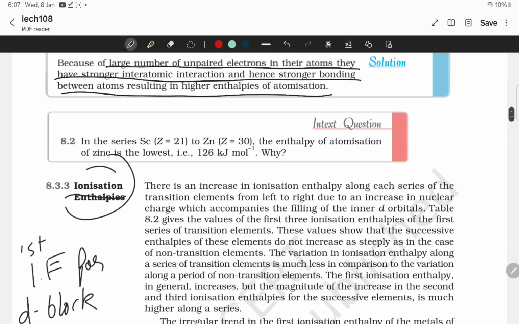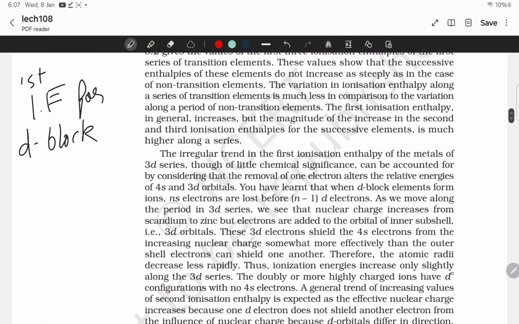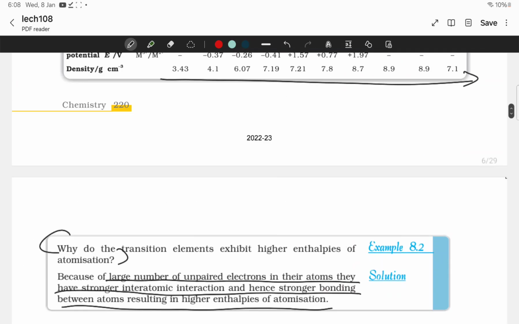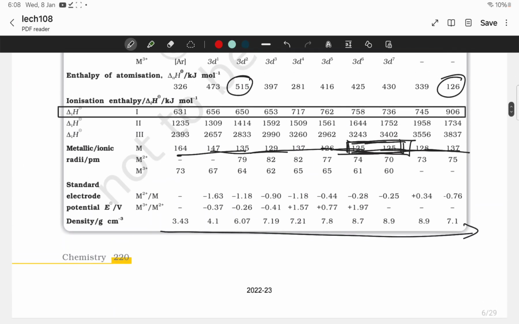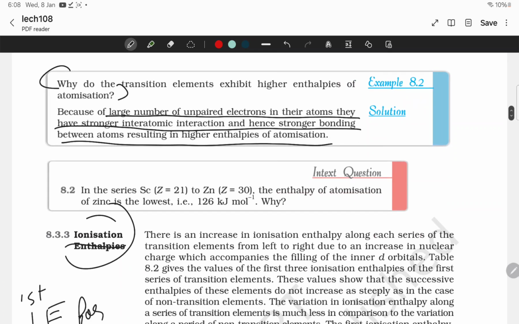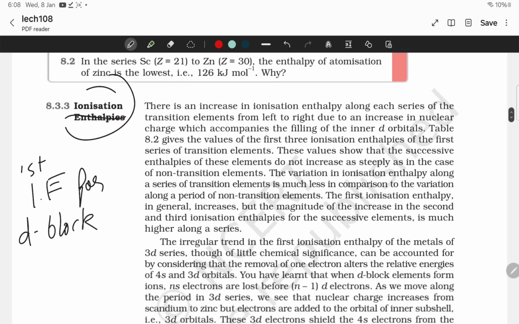So no problem. The irregular trend in the first ionization enthalpy of metals of 3d series. Is this an irregular increase? I don't know. We'll just read the NCERT part.